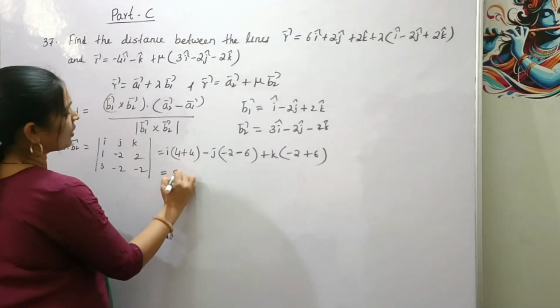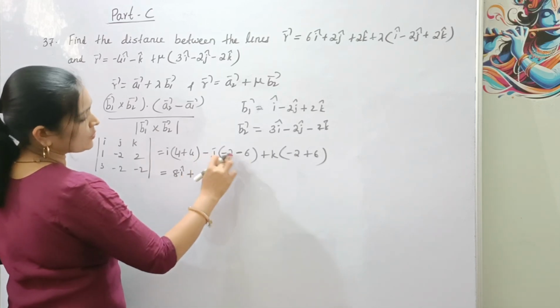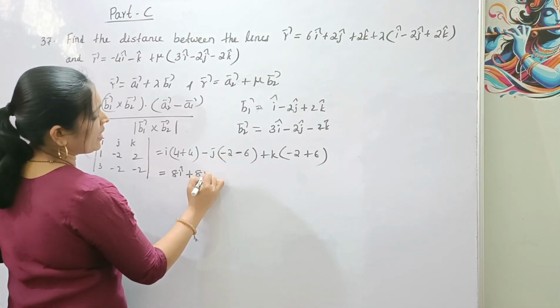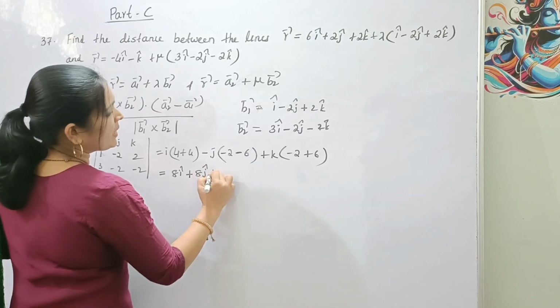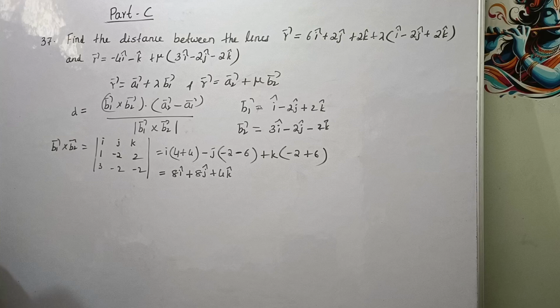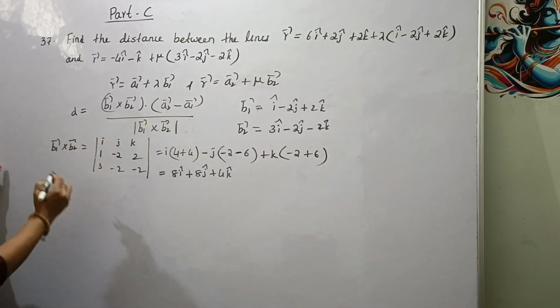That is equal to 8i minus, minus 2 minus 6, minus 8, plus 8j, plus 4k.